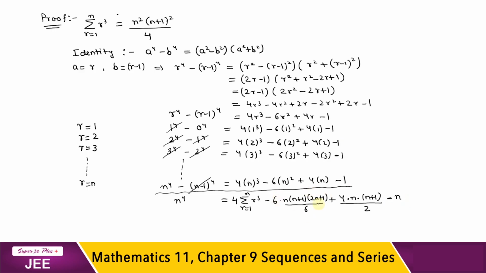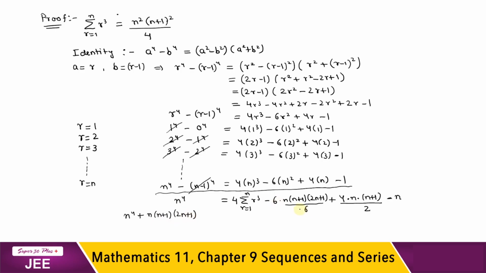Take this term in LHS, this term also in LHS, and this also in LHS. So we can have n raised to the power 4 plus n plus 1 into 2n plus 1.